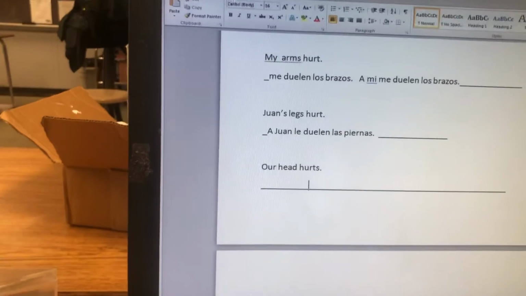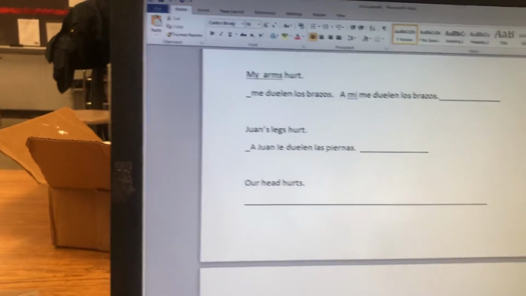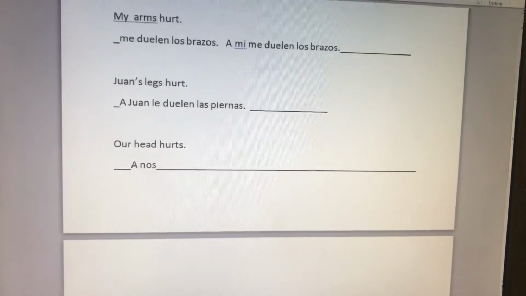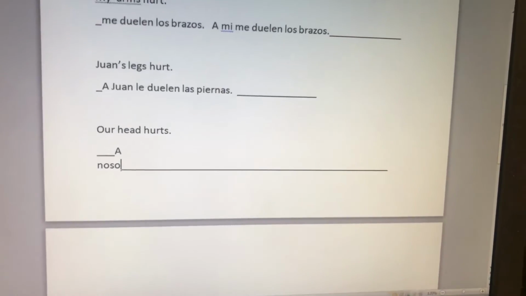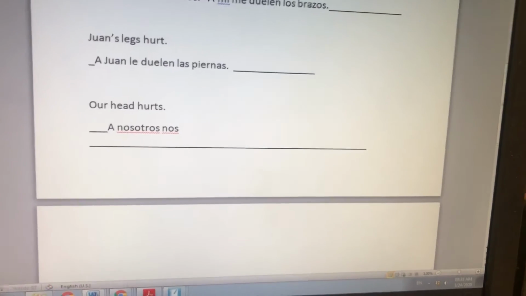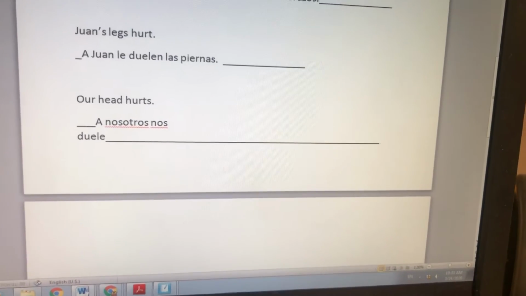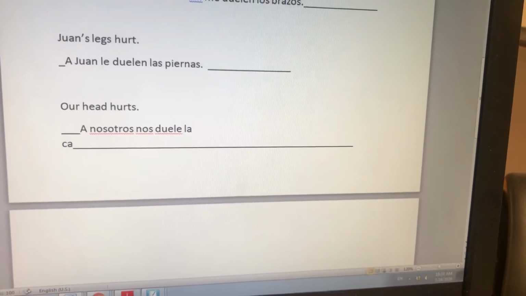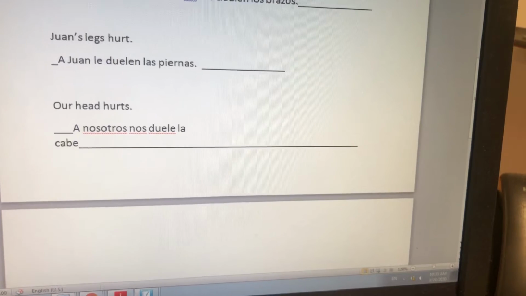Our head hurts. One head. I'm really good at English. A nosotros nos duele. It's one head, so la cabeza, and it's duele because it's one head.